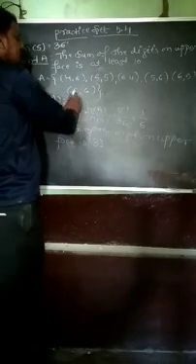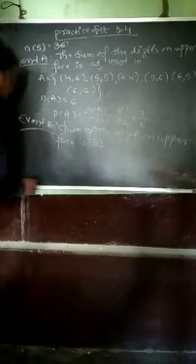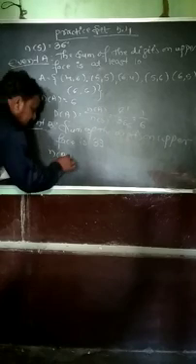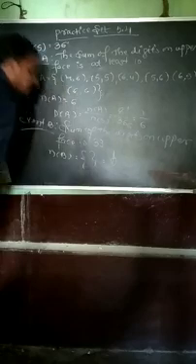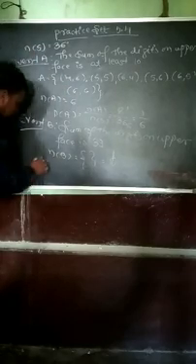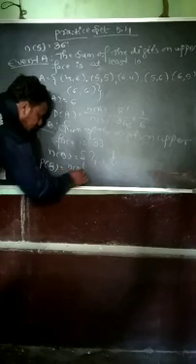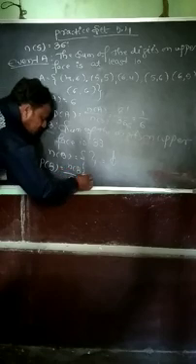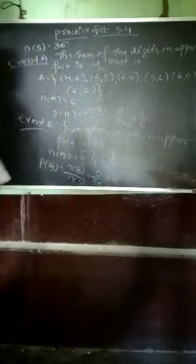So 6 + 6 is 12, the last number is 12. So n of B is equal to the empty set, or you write here phi, right. So the probability of event B is equal to n of B divided by n of S, 0 divided by 36, the answer is 0.